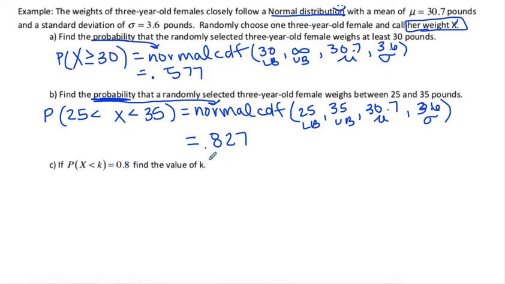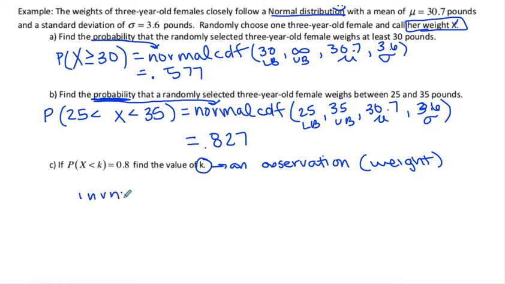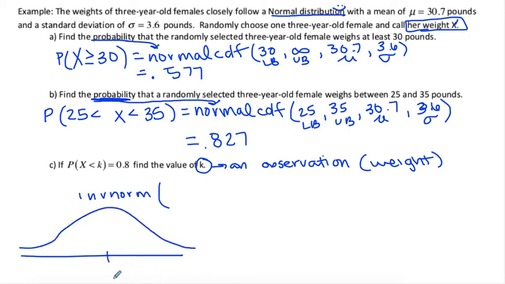All right, so now we're looking for an observation. We're trying to find a weight here. This is where we're going to change gears, and we're no longer doing normal CDF. We're going to be doing inverse norm. All right, so on our distribution, we have centered at 30.7, standard deviation of 3.6 pounds here.